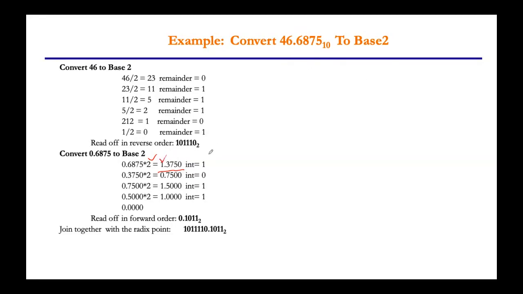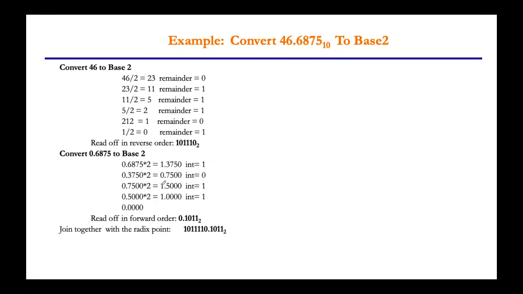From there the integer portion is 0. Then this fraction multiplied by 2 gives 1.500. Here the integer portion is 1.